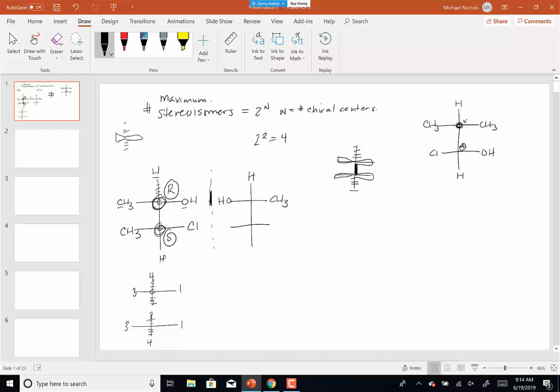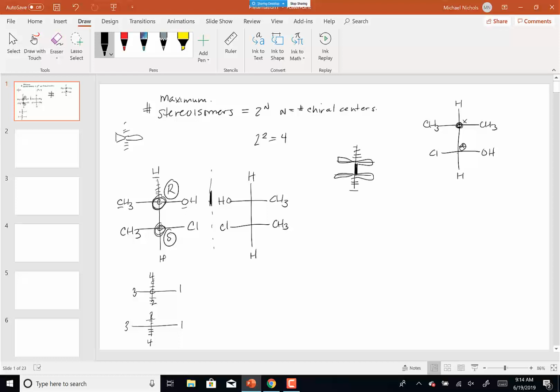Can everybody see that? If this is the mirror plane, the OH, the CH3, and the H are mirror images of each other. And then we can do the same thing for the bottom carbon and make it the mirror image. So I've just made the mirror image of the molecule.